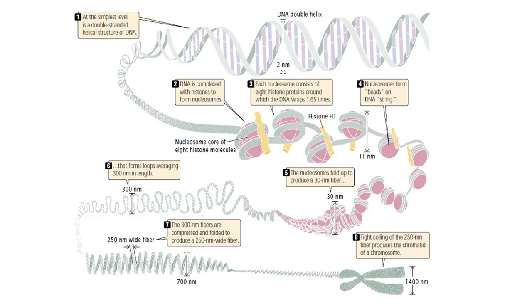And then finally, number 8, the tight coiling of the 250 nanometer fiber produces the chromatin of the chromosome. And everything put together, we have the diameter of the chromosome at 1400 nanometers. So remember, we have mentioned this several times that the only time we can see the DNA with our eyes is in the form of a chromosome, which is usually at metaphase.